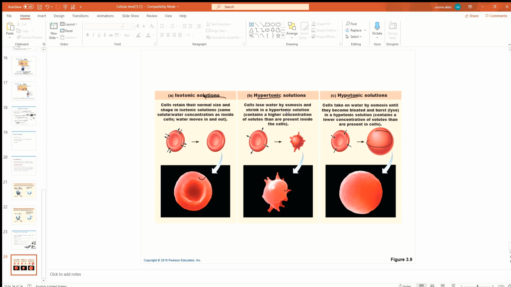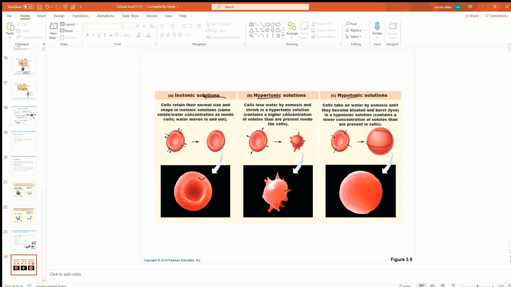Then I talked about the nucleus, right? And in the nucleus, you have the nuclear envelope, nuclear pore, you have nucleoplasm and the nucleolus, and the important functions of the nucleolus. Then I talked about the organelles: mitochondria, endoplasmic reticulum, ribosomes, right? Golgi apparatus, lysosome, centriole, right? Those are the important organelles. Microtubules, microfilaments.